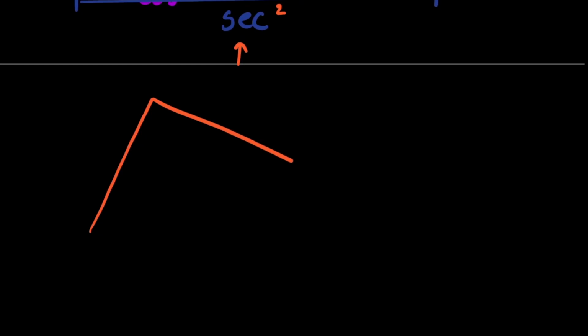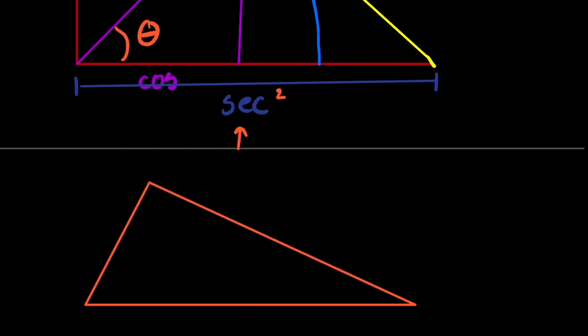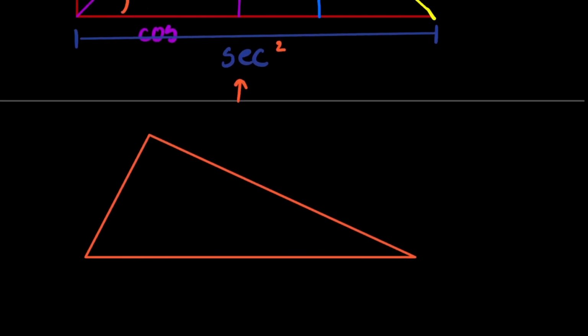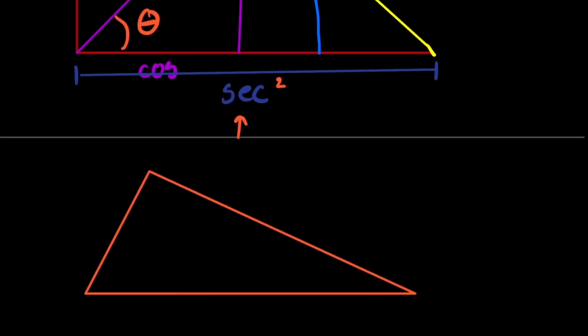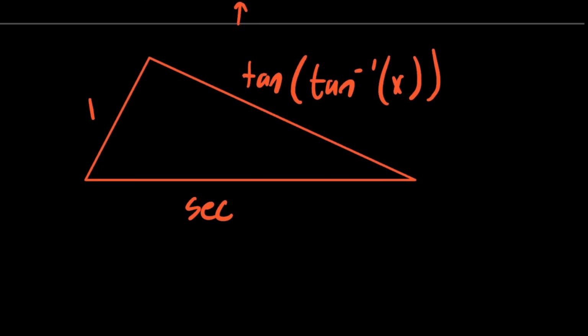So let's draw this out a little bit better. This right triangle here is meant to represent this right triangle here. So we've got 1, and we've got tangent of theta, which we're saying that theta is inverse tangent of x. And we've got secant squared of inverse tangent of x.